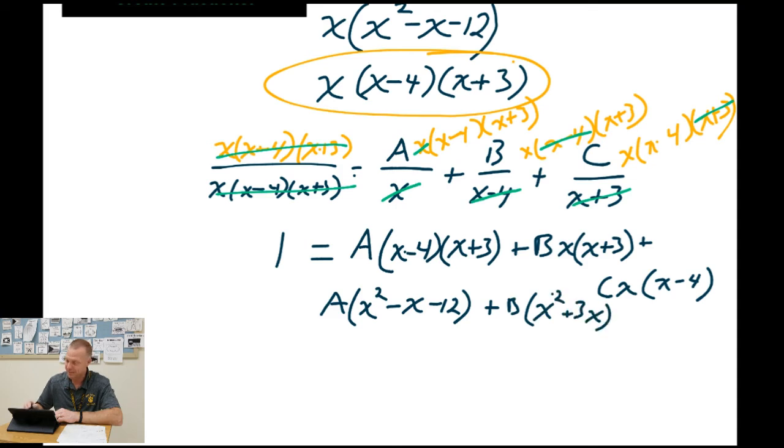It's going to be B. It's supposed to be a B times x squared plus 3x. That's just x squared. There's no negative there. And then C, x squared minus 4x.